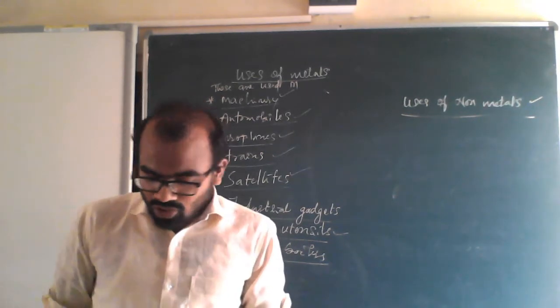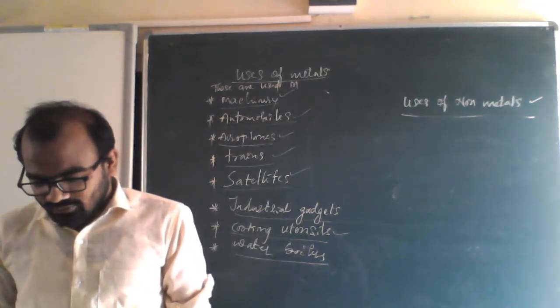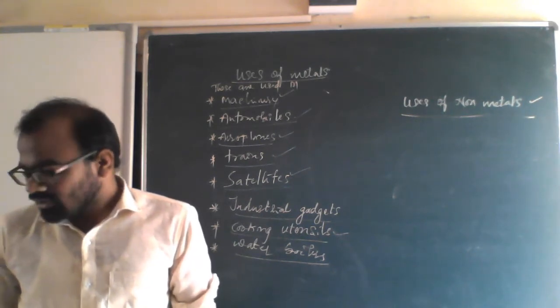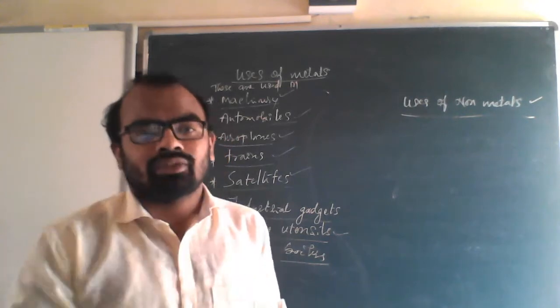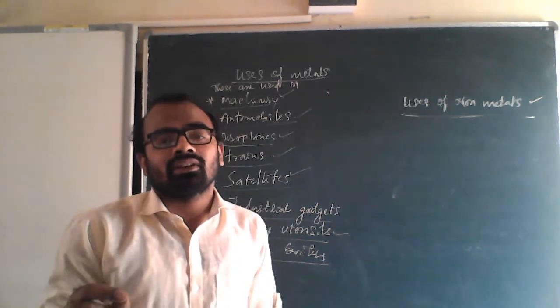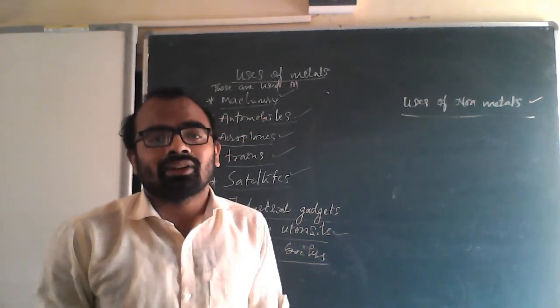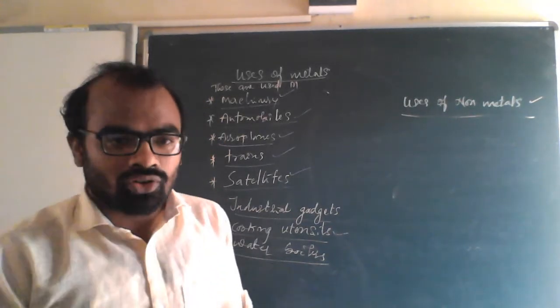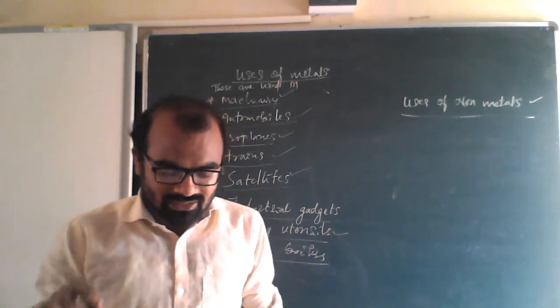The first one: a non-metal essential for our life, which all living beings inhale during breathing. See, which gas we inhale during breathing, that is a non-metal. Which non-metal is it? I will tell you, that is oxygen. Oxygen is the non-metal that is essential for our life.